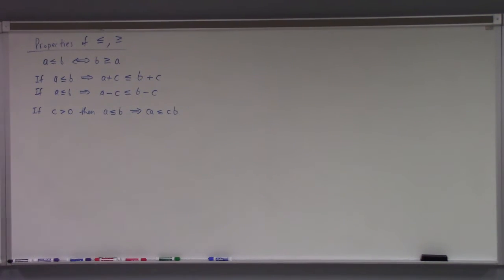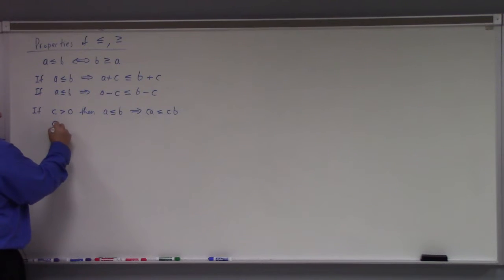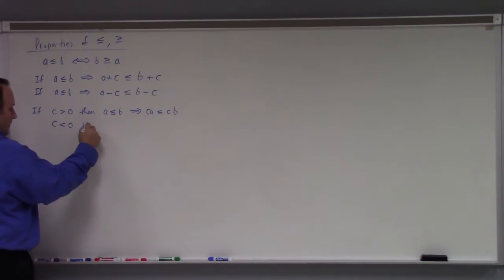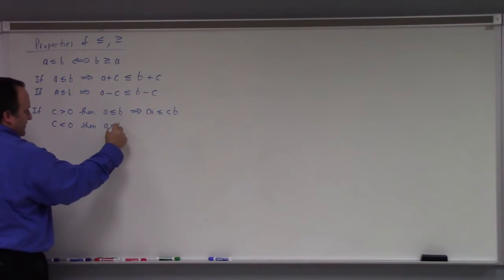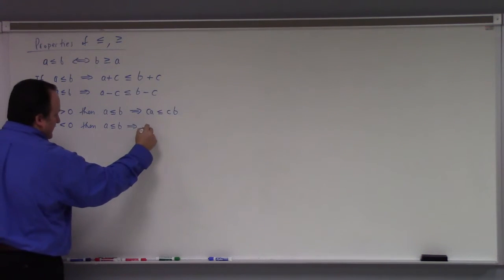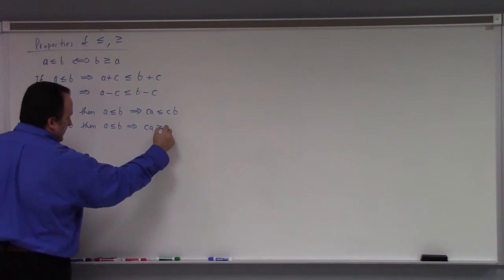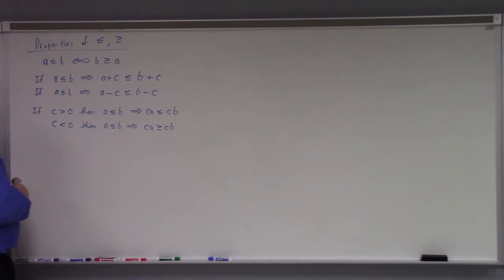However, if c is less than 0, then if we start with a less than or equal to b and we multiply by c, it flips the inequality. So when we multiply by a negative number, we have to be careful. That will flip our inequalities, right? So those are the big ones, all right?